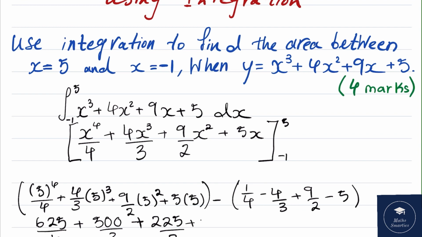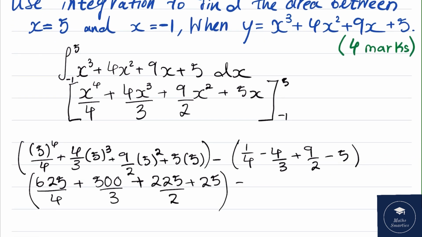This whole total is subtracted by this, and let's find the total. 1 over 4 minus 4 over 3 plus 9 over 2 minus 5 becomes -19 over 12.